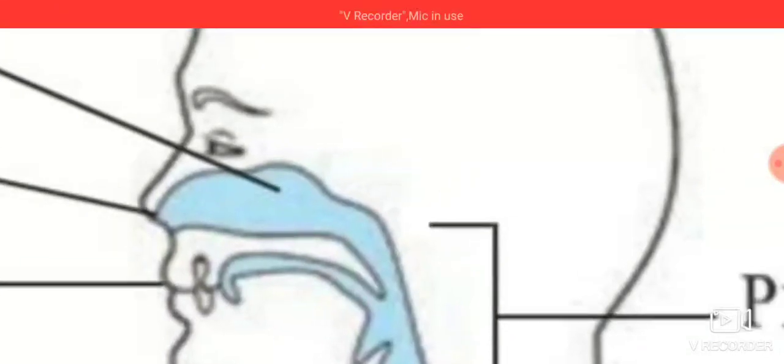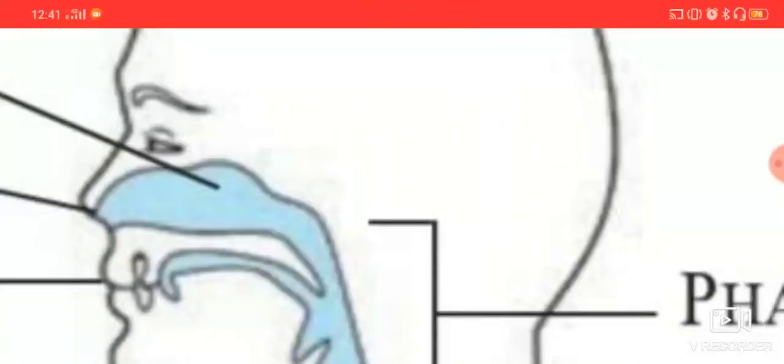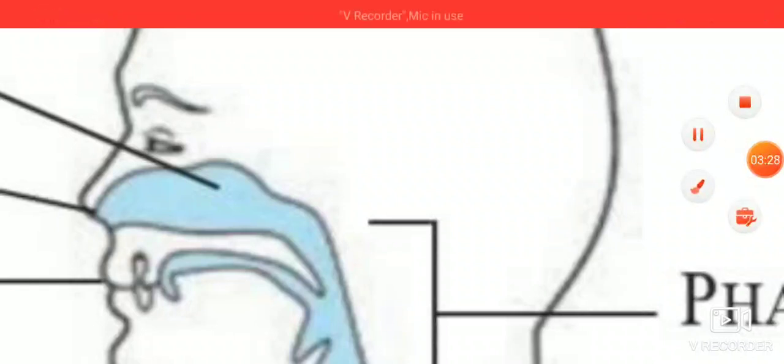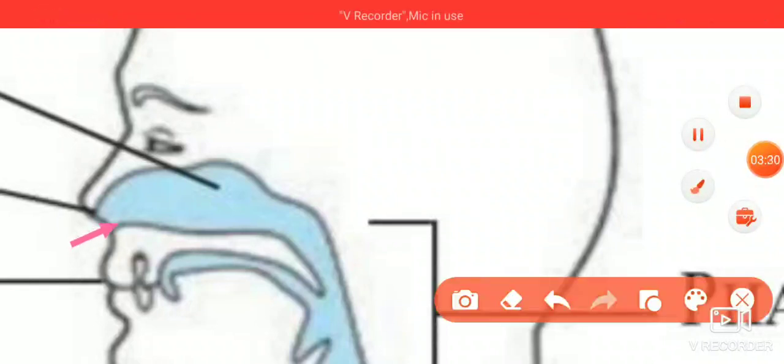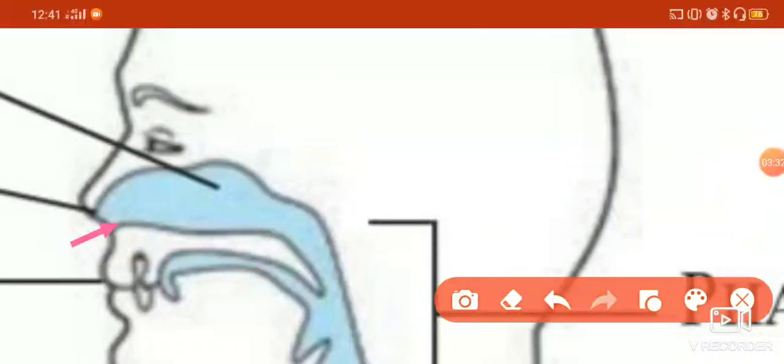This first part is the vestibule. It is the proximal part, just above the nostril. Nostril skin has hairs.